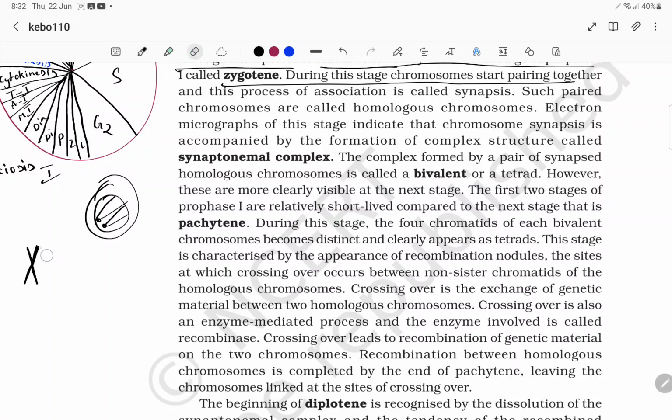So the pairing of homologous chromosomes takes place, one maternal and the other paternal. This we call synapsis. And this complex altogether with proteins we call the synaptonemal complex.